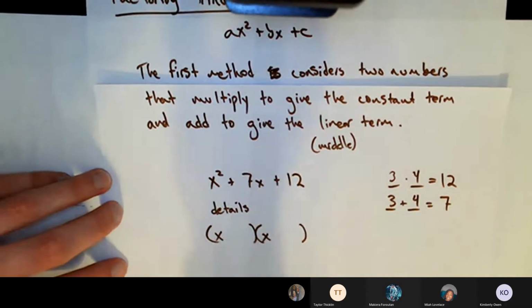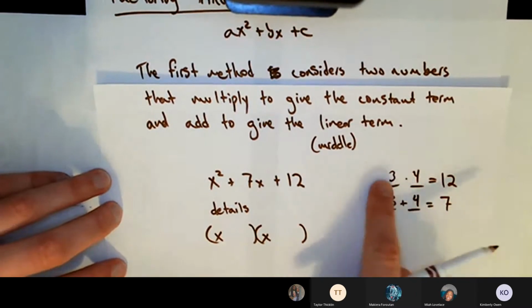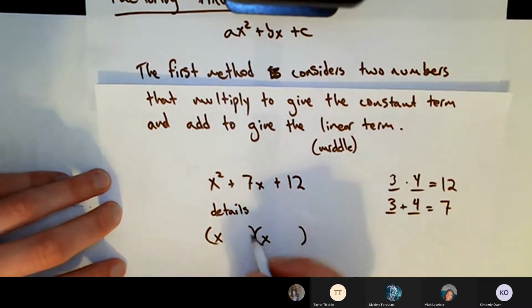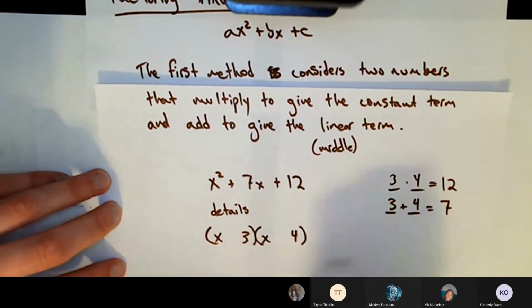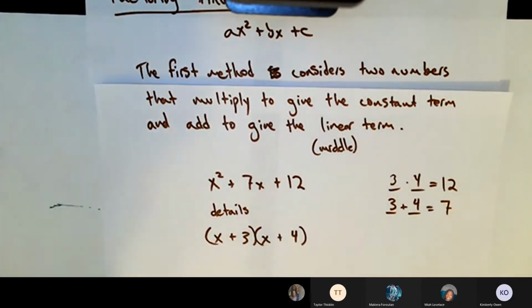We actually need to talk about multiplying it out too. And then these two numbers, the 3 and the 4 that worked over here, they go here and here. And if they're positive, which in this case they both are, you write plus signs. Of course, I'm going to show you those details in between.